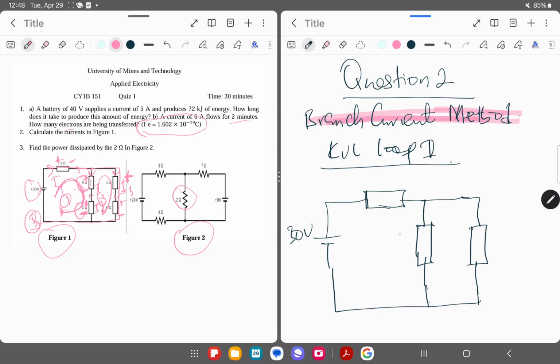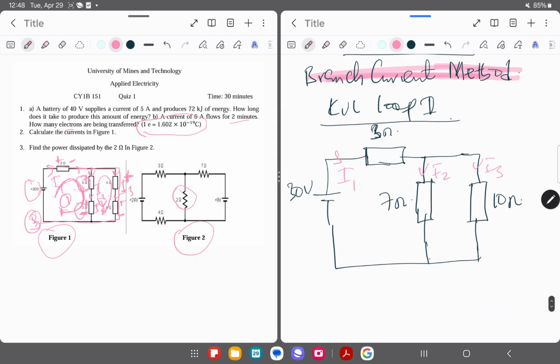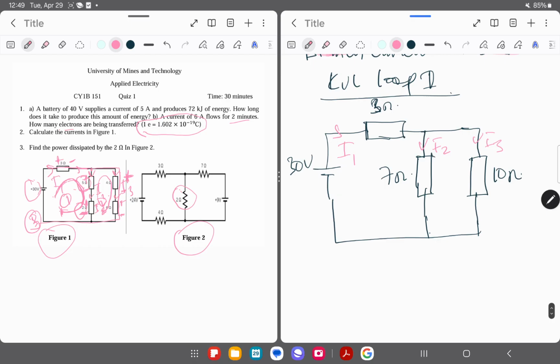So now I have here 3 ohms, then this one will be 7 ohms, and then here is 10 ohms, right? Now I'm going to indicate my current I1, here is I2, and here is I3. You can see this is a much simplified version of figure 1.